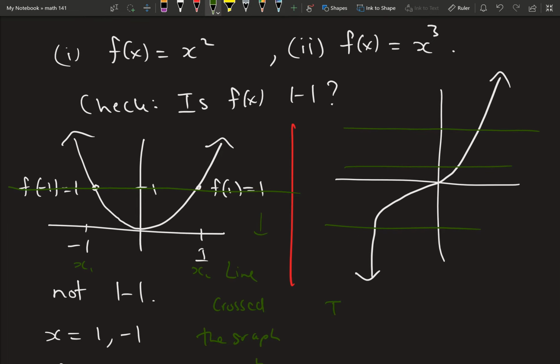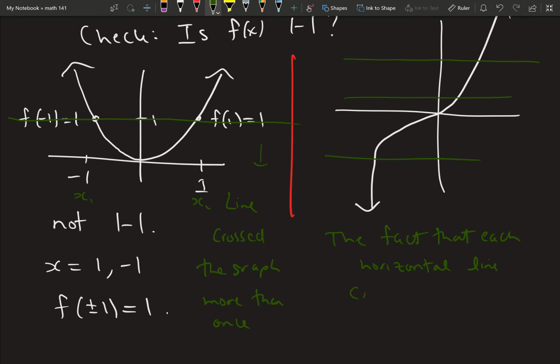So here, the fact that each horizontal line crosses the graph not more than once, in this case exactly once, but it should be not more than once. Here it's twice or more.